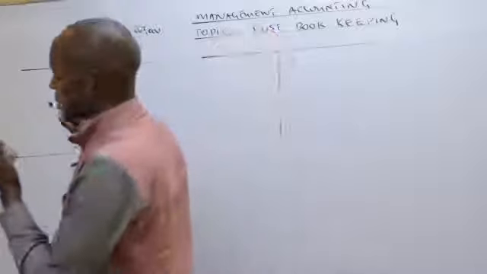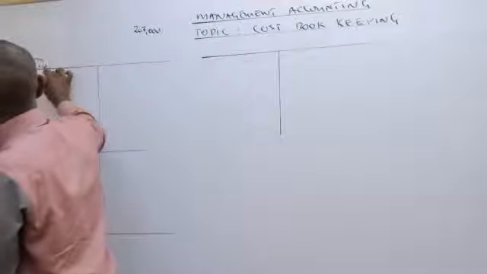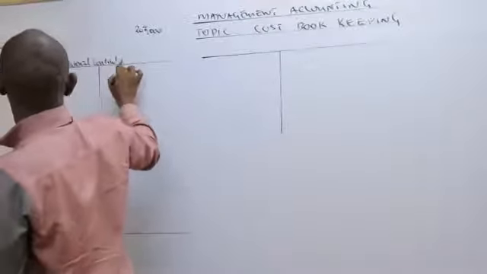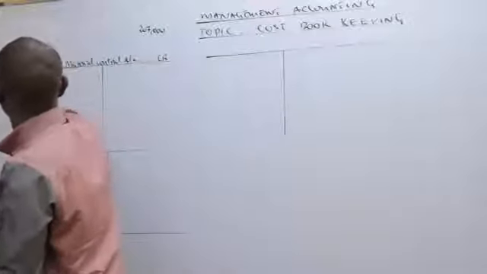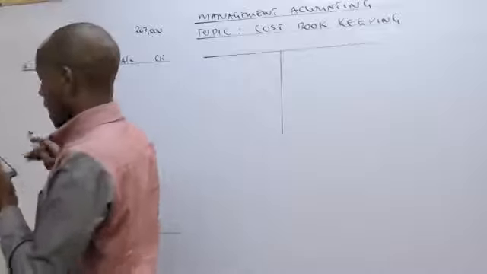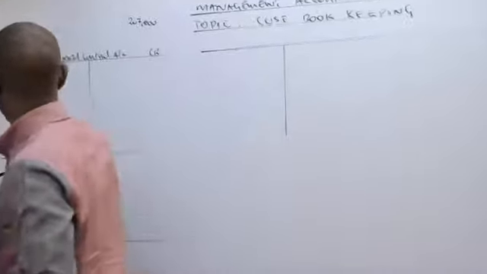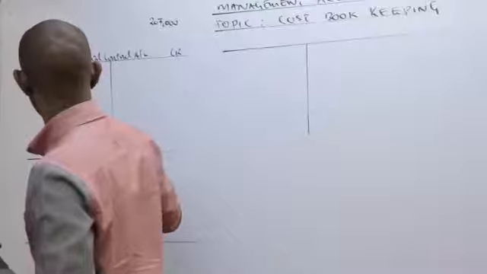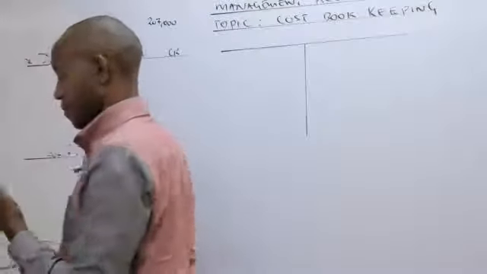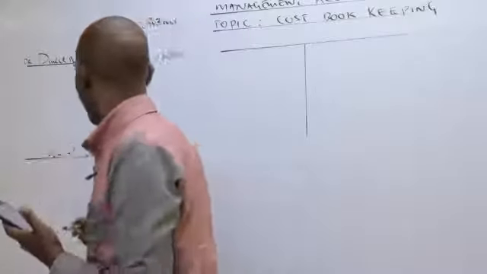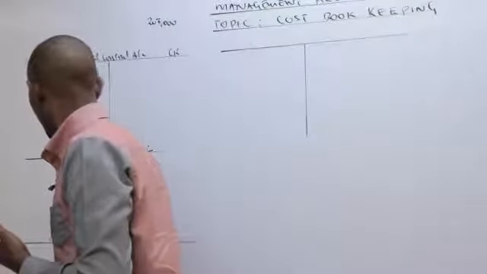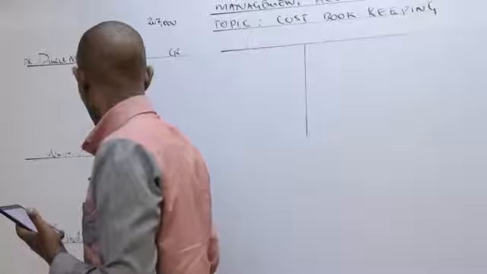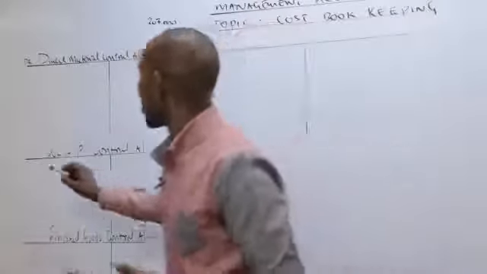So let's have our direct material control account, then our work in progress control account, and then our finished goods control account.